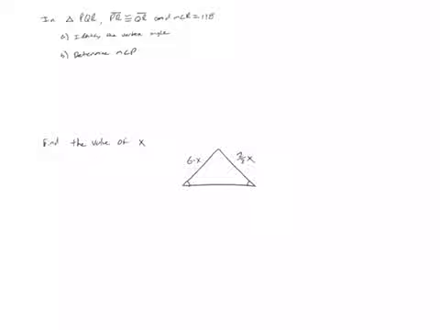It says in triangle PQR, PR is congruent to QR, and the measure of angle R is equal to 118 degrees. Before I go any further, I need to make sense of that. PR is the same as QR, and R is 118. So I'm going to draw angle R to be 118 degrees. I did not measure that, I approximated it.